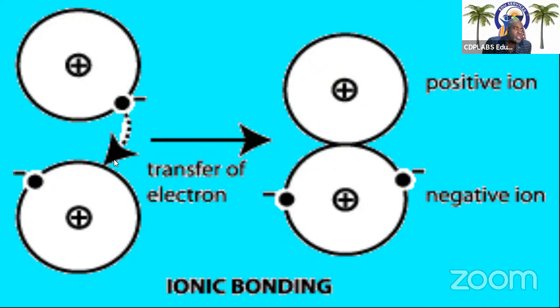The one that receives the electron becomes a negative ion, and the one that gave away the electron becomes a positive ion, because it becomes positively charged. Good? And this one becomes negatively charged. Make sense? Everybody understand that?